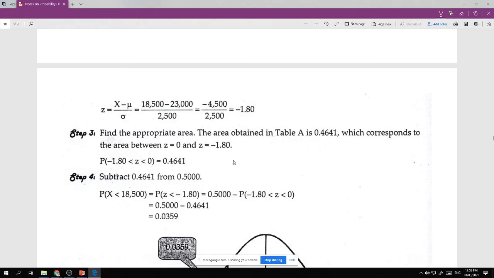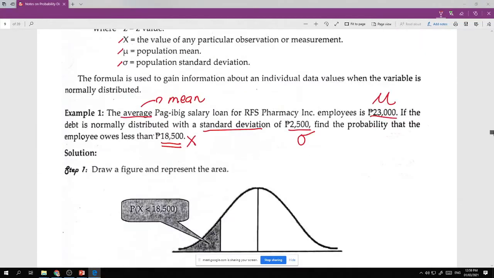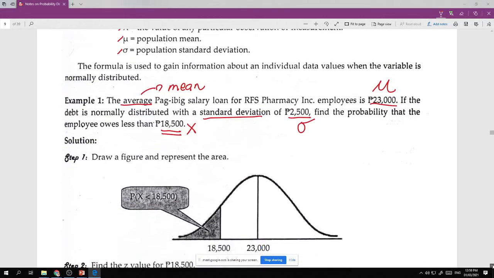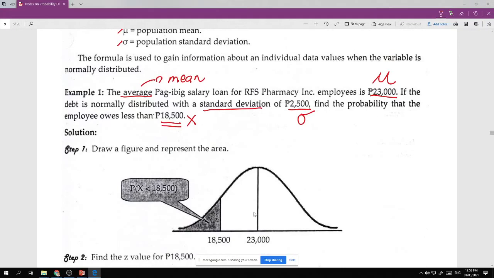But that does not mean it is our answer. Let's go back to the problem. Less than 18,500. If I draw it on our normal curve, the mean is always in the middle. Our mean is 23,000.